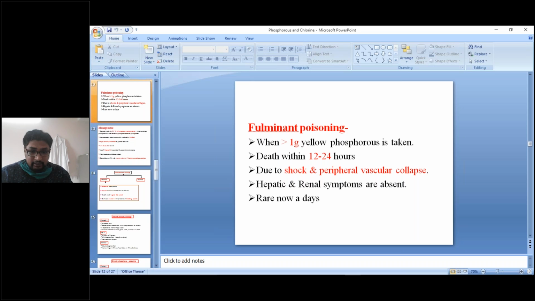Here the hepatic and renal symptoms are absent. Hepatic and renal symptoms occur only in acute poisoning, where there is liver and kidney damage. Whereas in fulminant poisoning, it directly affects the cardiovascular system, and the patient will collapse within 12 hours. Fulminant poisoning is very rare nowadays.